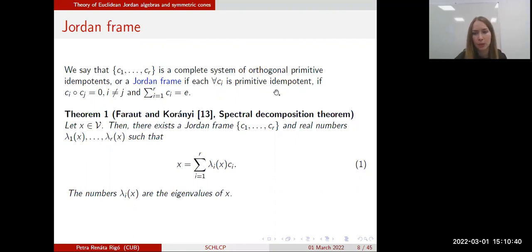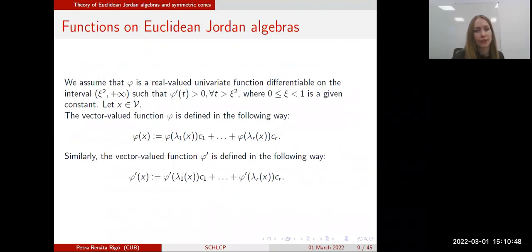This will be very important from our point of view, because this enables us to extend any real valued univariate function to elements of Jordan algebras by using the eigenvalues and the Jordan frame. So if we assume that phi is a real valued univariate function which has these nice properties, this is just technical, so we will see later why we need this psi square.